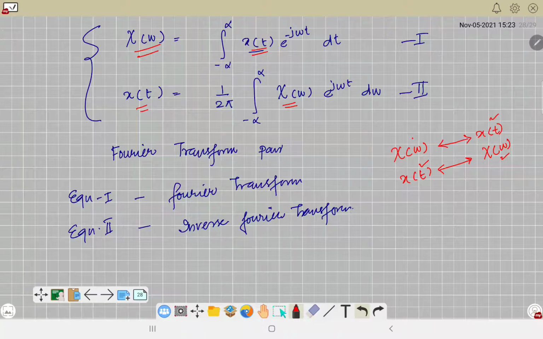The normal transform, which we sometimes call the forward equation, helps you to transform from time domain to frequency related domain, and the inverse equation helps us to get the signal back from the frequency domain to the time domain, right? Now you may ask, why do we need this transformation?